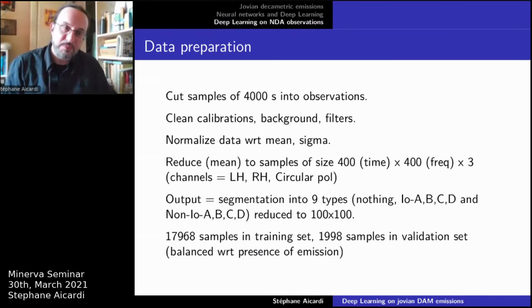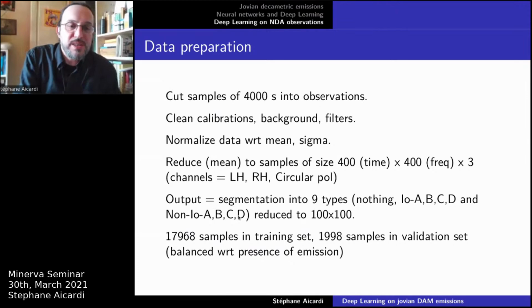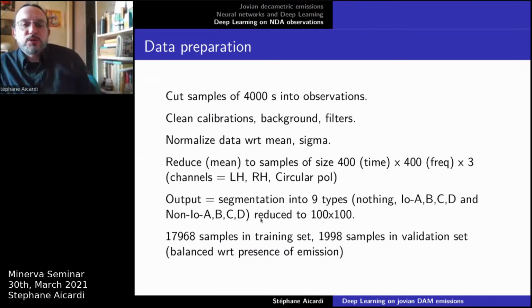And I obtain samples that are 400 by 400 by 3, which can be handled by lots of convolutional network. My input is a segmentation into 9 types. So it's either nothing, IO A, B, C, and D, or non-IO A, B, C, and D. And I reduced to 100 by 100 because of the size of the network.